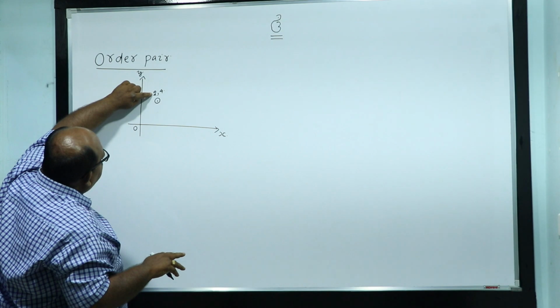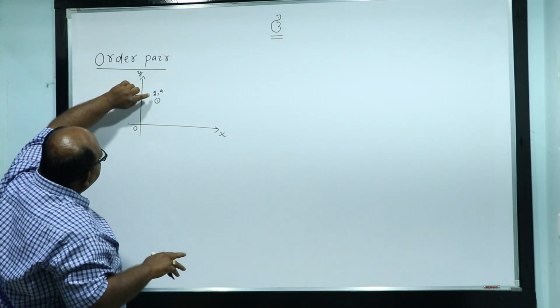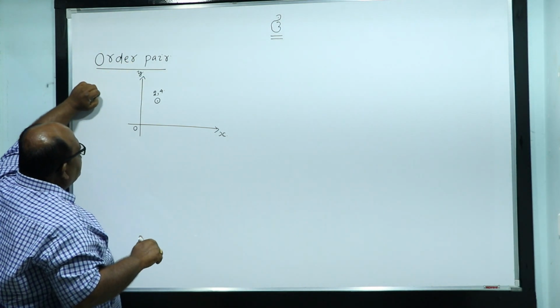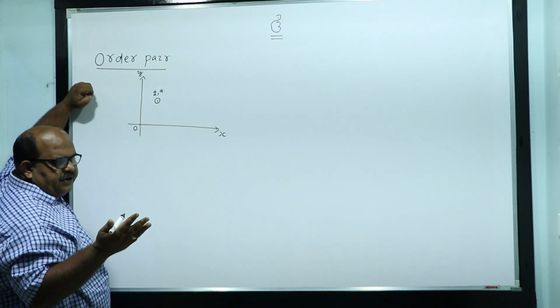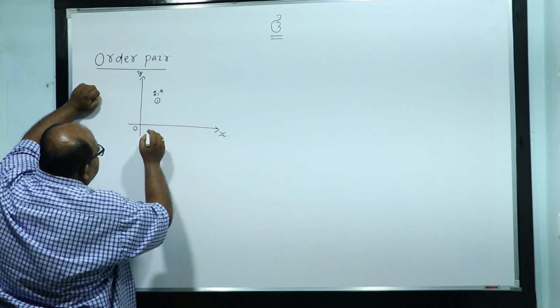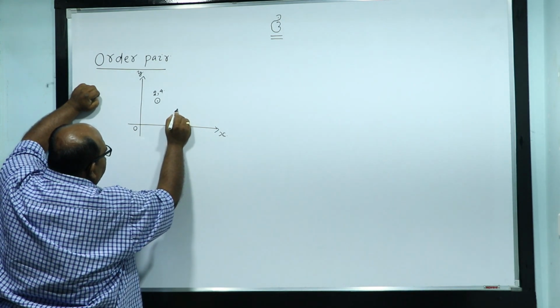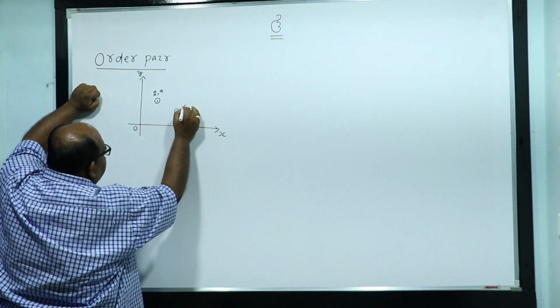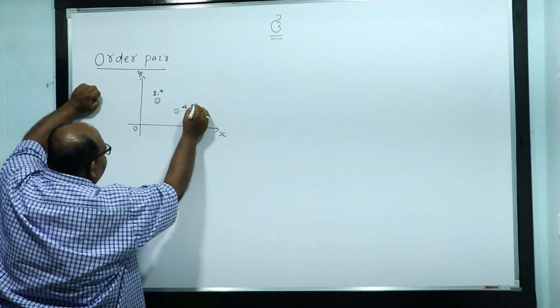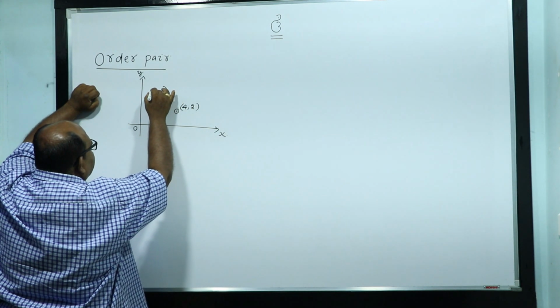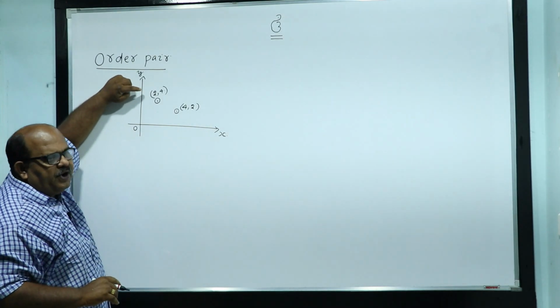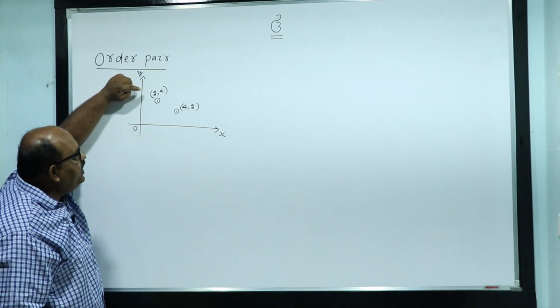Why is it an ordered pair? Because if you change the order, then we will get a new point. For example, consider another point 4, 2. It will be a point like here, 4, 2. So look at the 2, 4 point and the 4, 2 point.